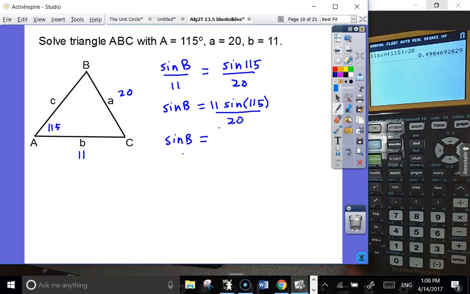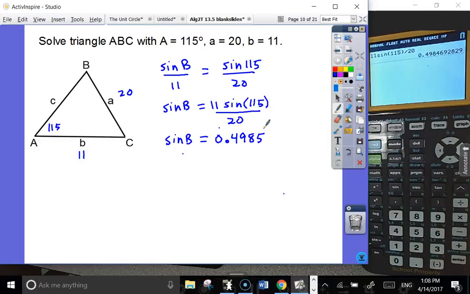Okay, so when I'm writing these down, I'm going to write down 4 decimals, so 0.4985. Now that's not angle B, that's the sine of B. Again, how do you find B? How do you solve for the angle when it's inside the trig function?